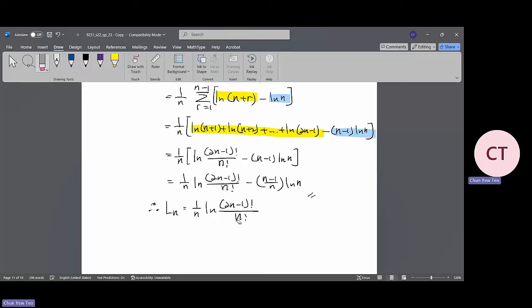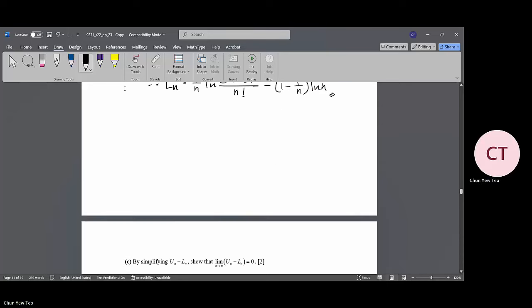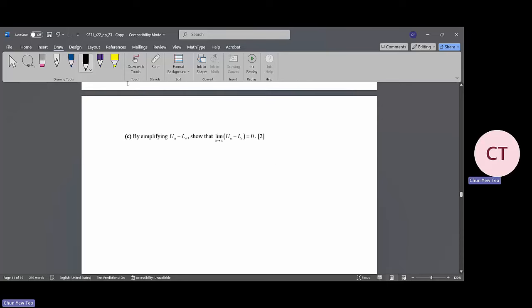Now, perhaps the second part of the second terms, perhaps this part we can make it like this. We can make it become minus the 1 minus 1 over n ln n. Okay, now, so this is your ln. And now we're moving on to part B. Part B, they want you to simplify un minus ln.